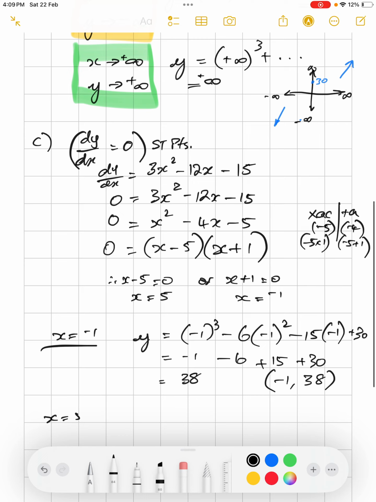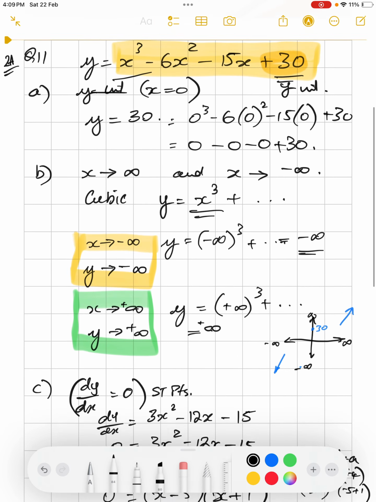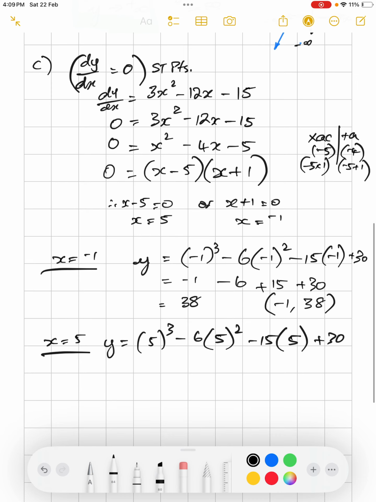And when x is 5, we put that into our equation. So it's 5 cubed minus 6 times 5 squared minus 15 times 5 plus 30. Just checking they've got that correct. Okay, so 5 cubed is 125, minus 25 sixes, 150, minus 75 plus 30.